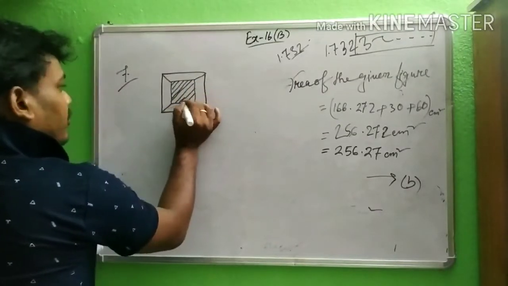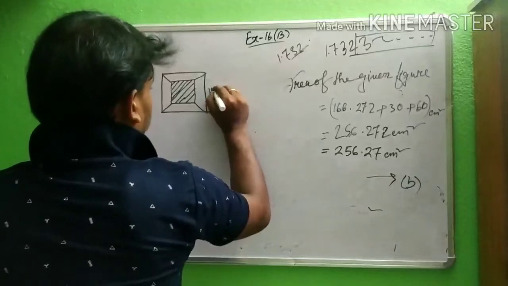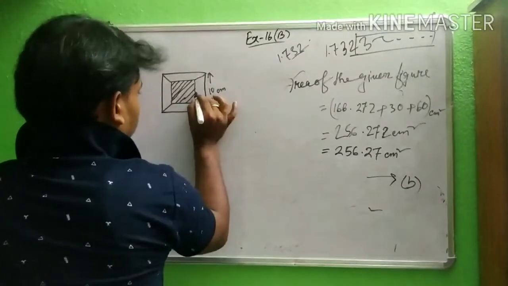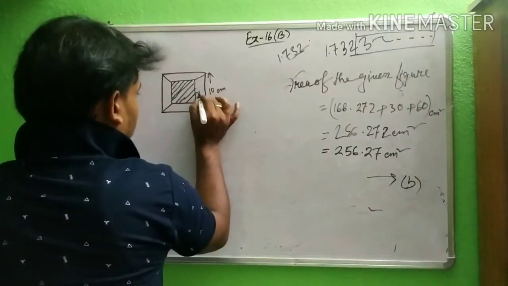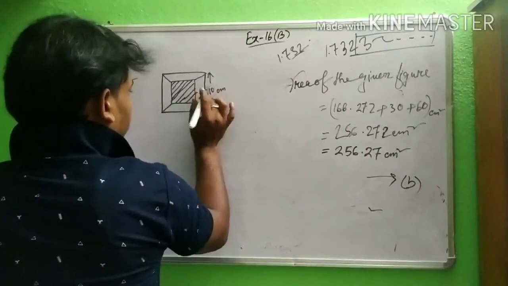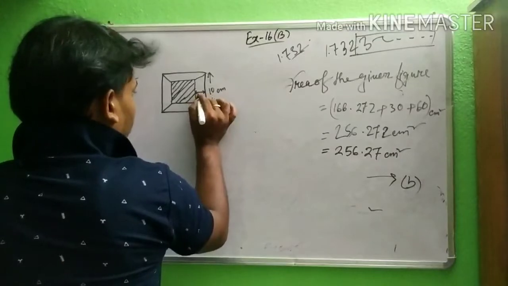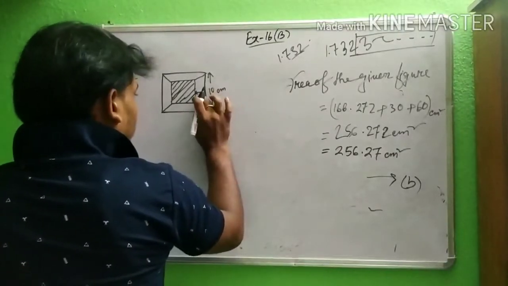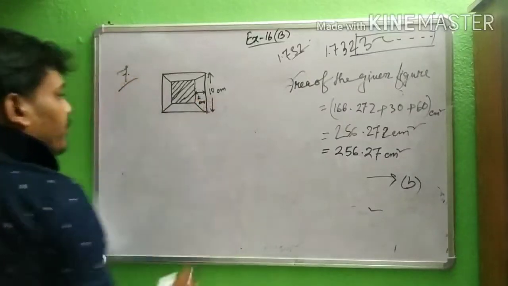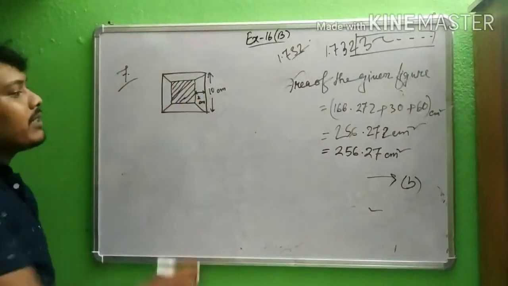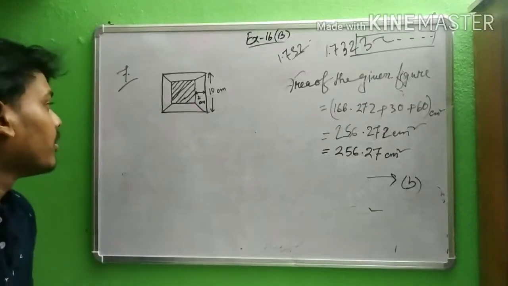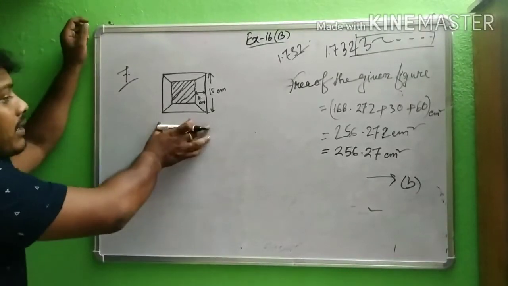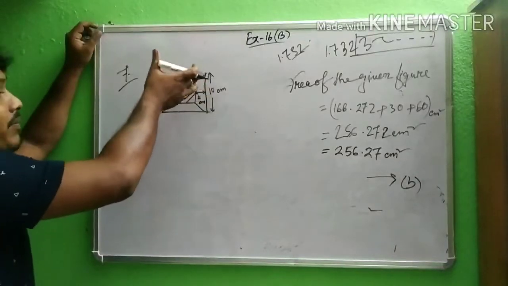Okay. So given 10 centimeter here, and this one 2 centimeter. The question is: find the area of the shaded part.